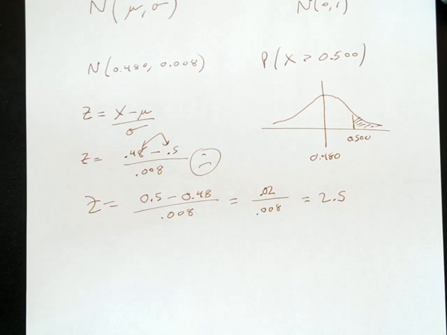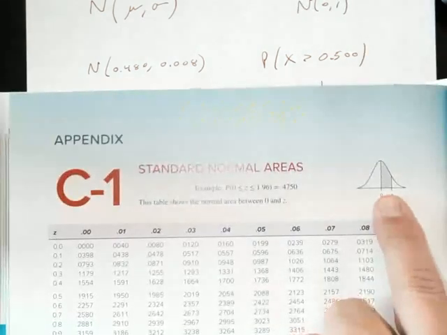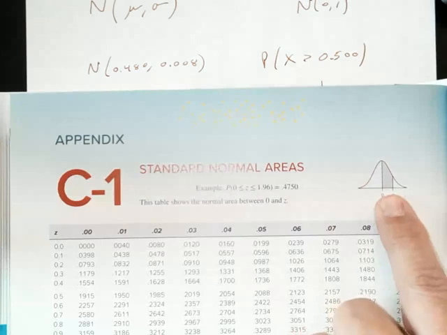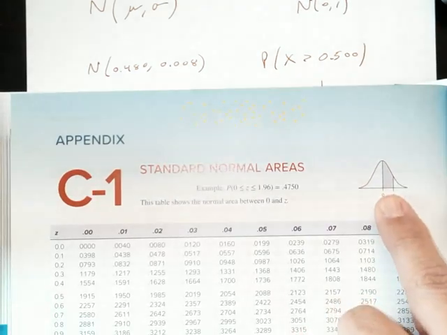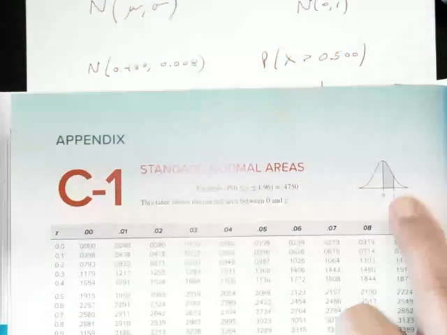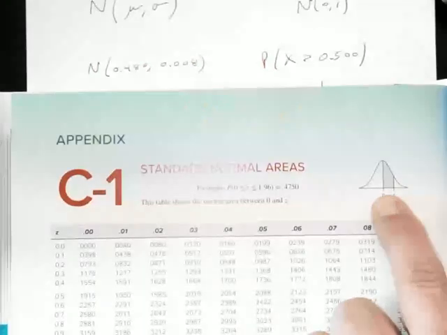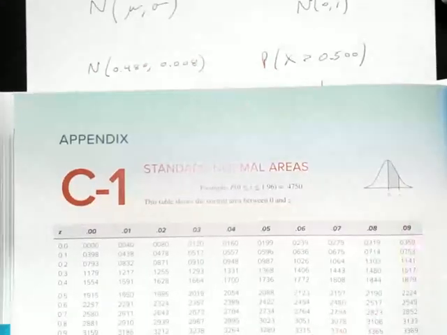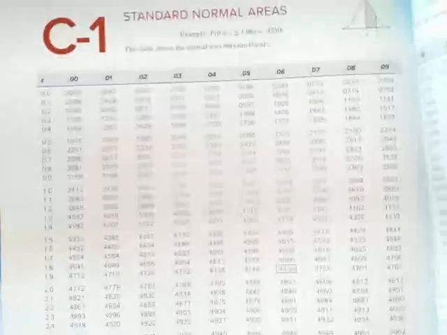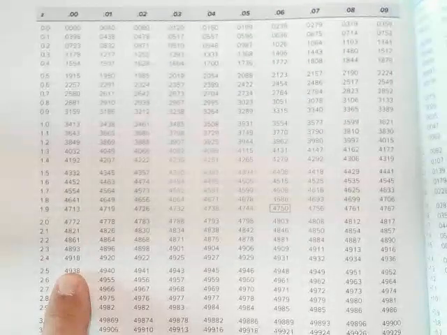If I use table C1, the picture at the top of table C1 shows me this, right? So if I go to 2.5 on this table, I'm not going to get exactly the number I want, because what I want is the tail here, and this is going to give me the area next to the tail. So I go to 2.5, and I get 0.4938.